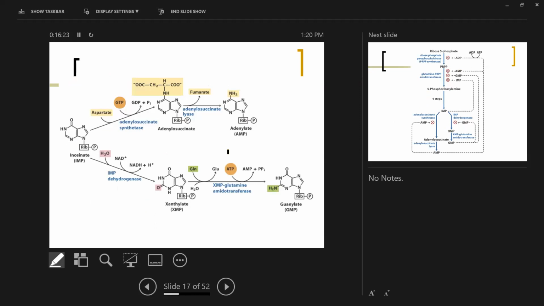So we have adenylosuccinate synthetase, which uses GTP and aspartate to make adenylosuccinate, then adenylosuccinate lyase liberates fumarate, and you have adenylate. And adenylate will feedback inhibit that enzyme right there.